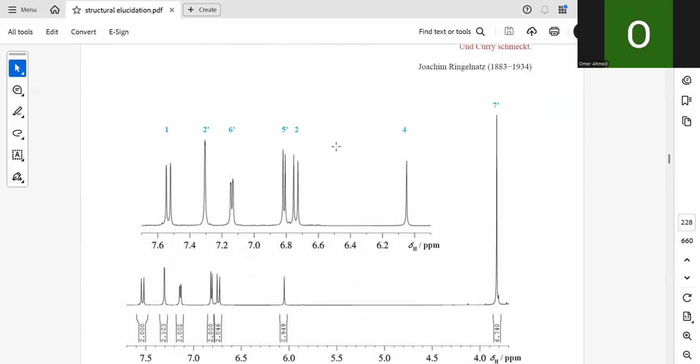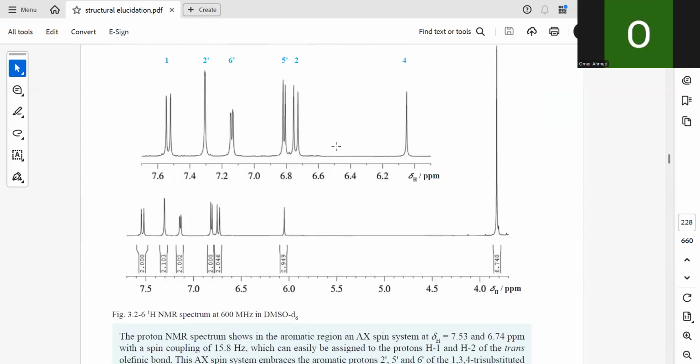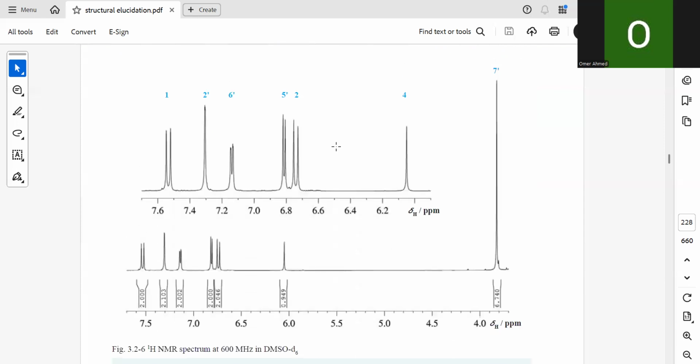From the proton NMR, it is clear that we have an aromatic ring. Usually the aromatic ring in general is between 7 to 9 ppm. This is the aromatic region. Sometimes, if it is shielded or deshielded, the value may be lower.